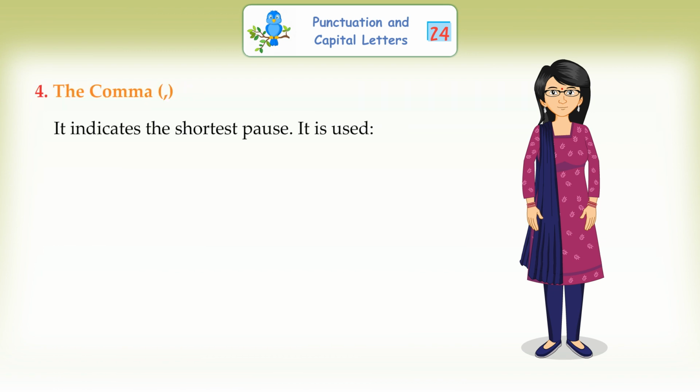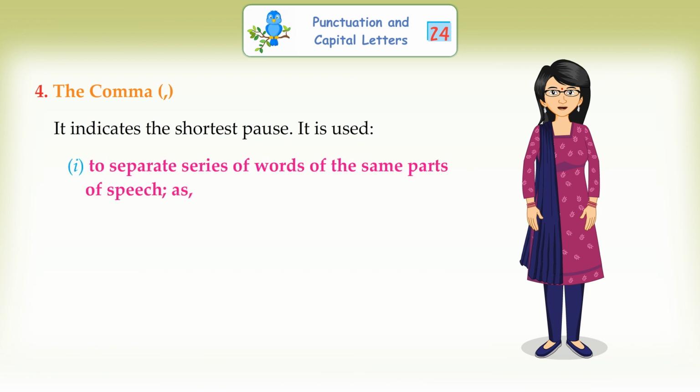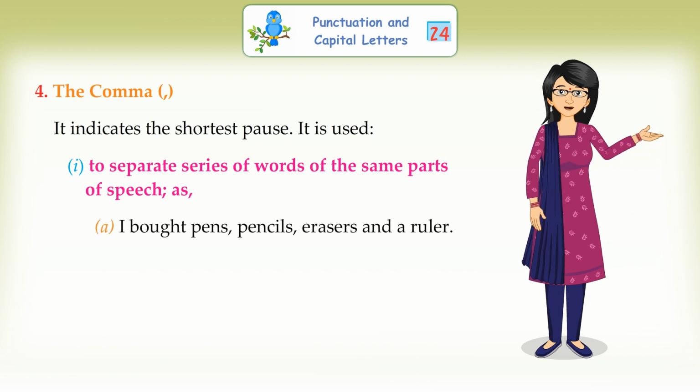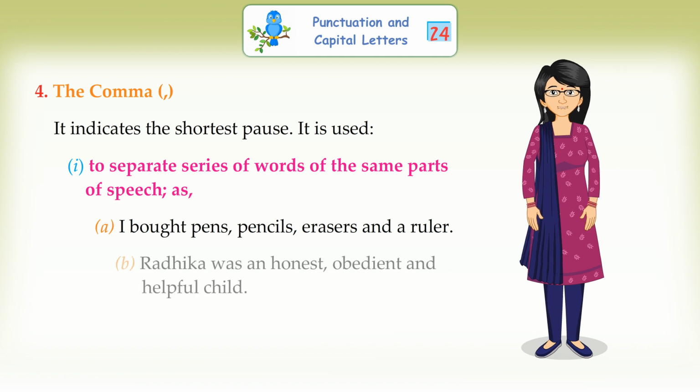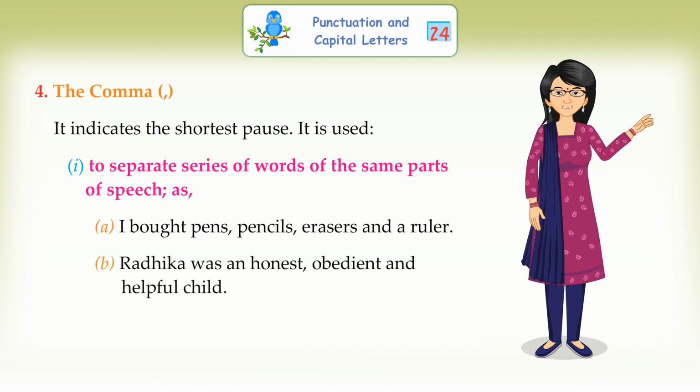The comma. It indicates the shortest pause. It is used to separate a series of words of the same part of speech, as: I bought pens, pencils, erasers and a ruler. Radhika was an honest, obedient and helpful child.